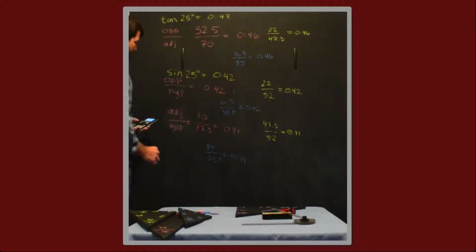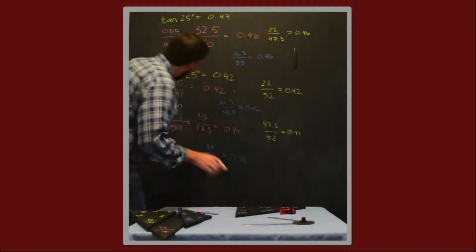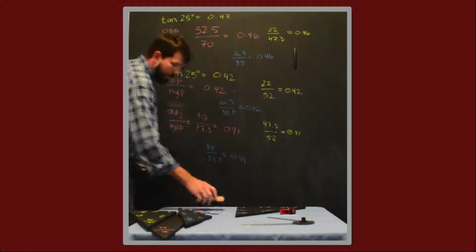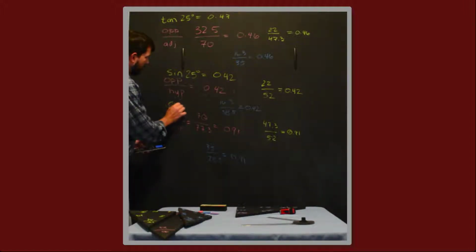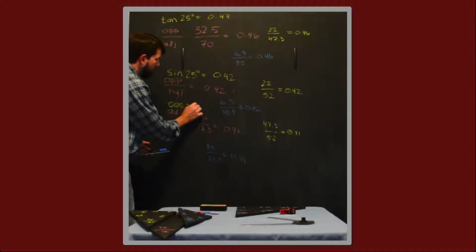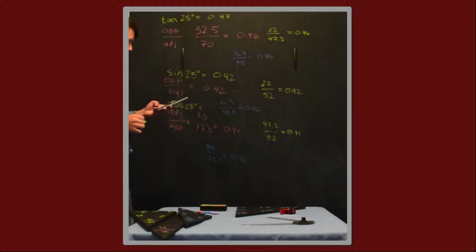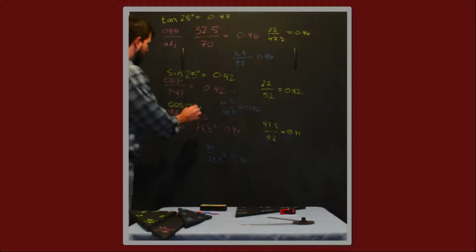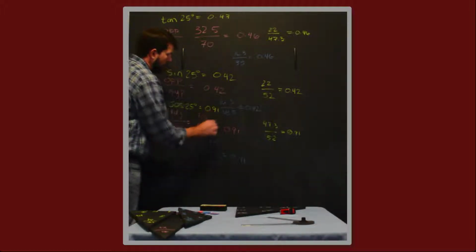For the adjacent over the hypotenuse, this is a cosine. So the cosine of an angle measure that is 25 degrees probably shouldn't surprise you if in the calculator you get 0.91 or something extremely close to it. So let's see what happens. Cosine 25 degrees, it is 0.91.